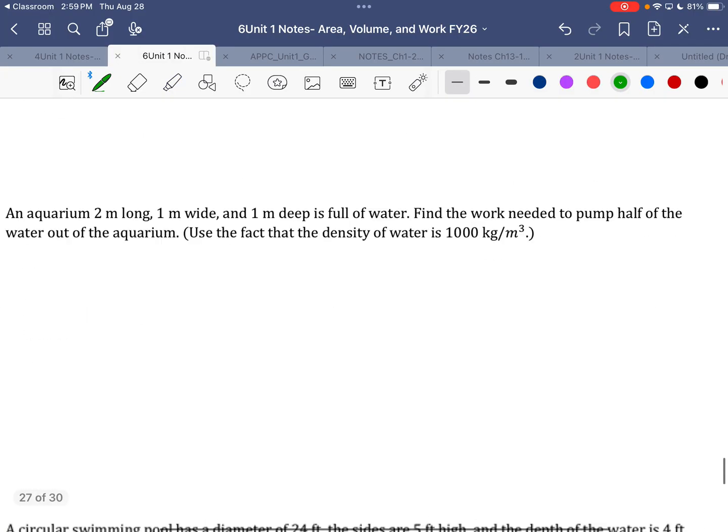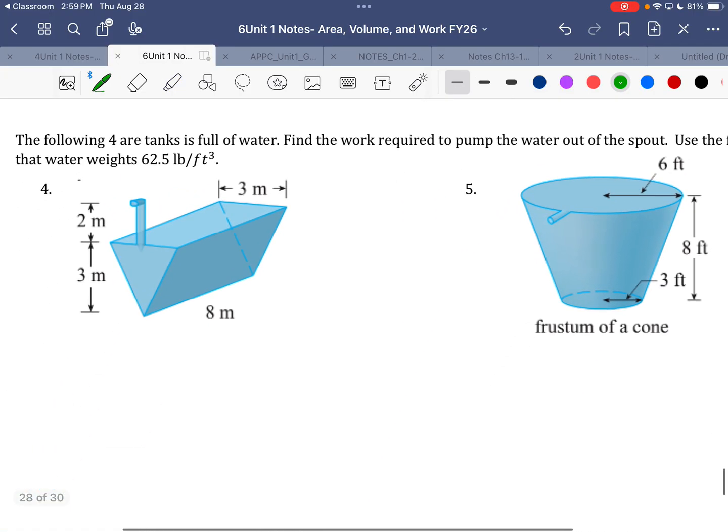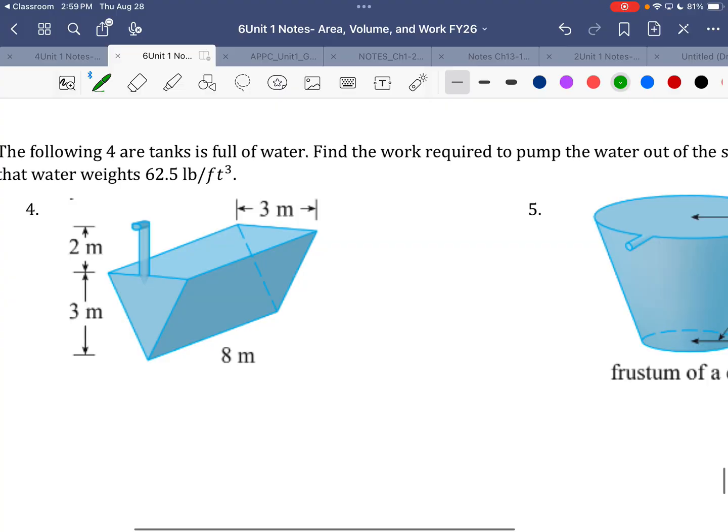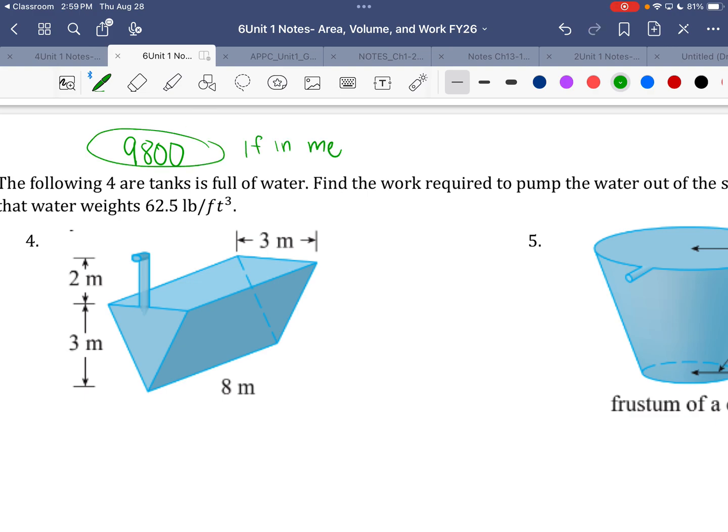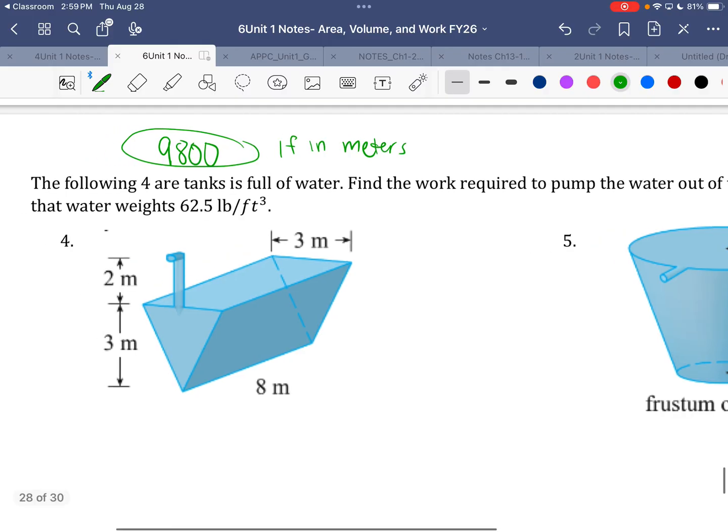So we're going to be doing the back page. The density of water is 62.5 pounds per cubic feet. But if we're in meters and kilograms, we need to multiply by 9,800. That'll make it become newtons. So this is if we're in meters. So instead of multiplying by 62.5, you're multiplying by 9,800.